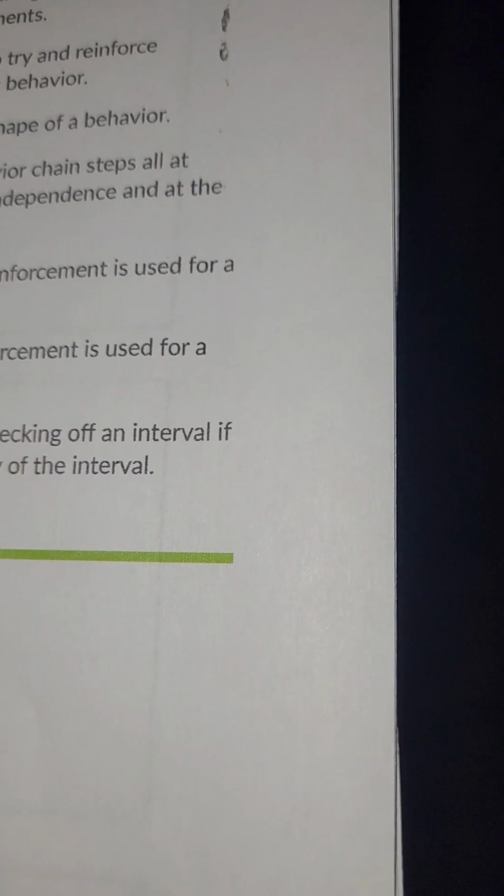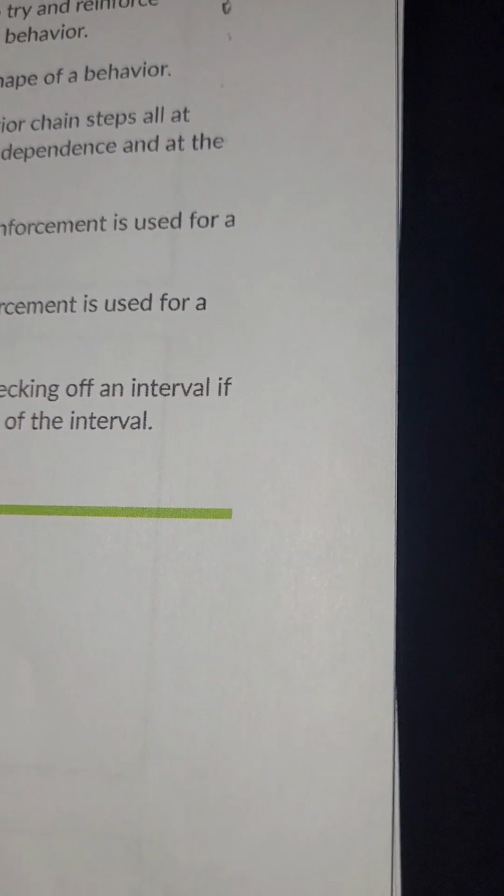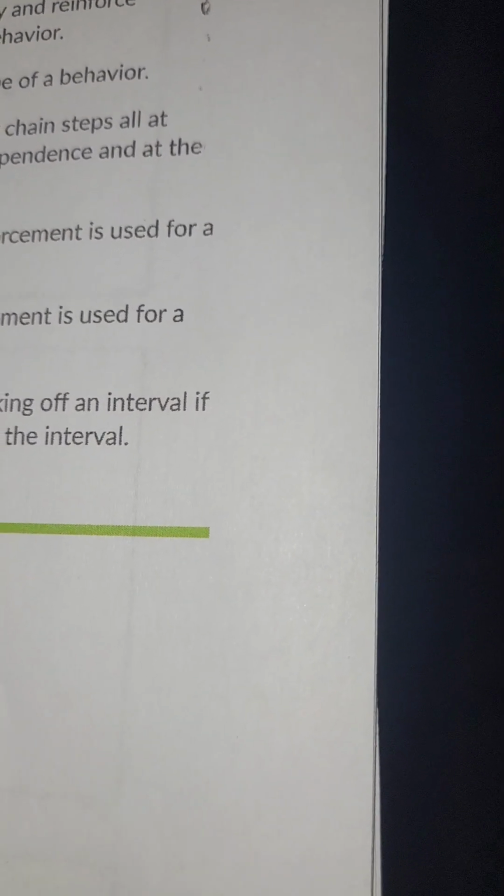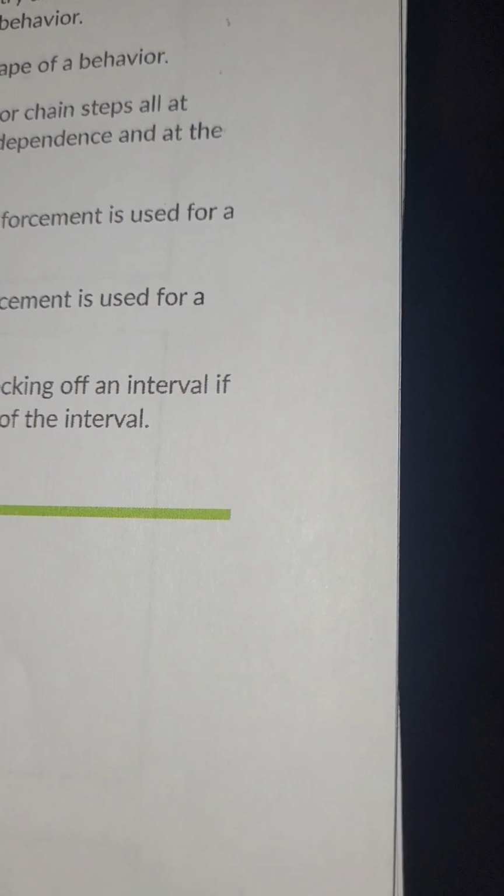Variable ratio, VR: this schedule of reinforcement is used for a variable amount of responses. Whole interval recording involves checking off an interval if the behavior occurs within the entirety of the interval.